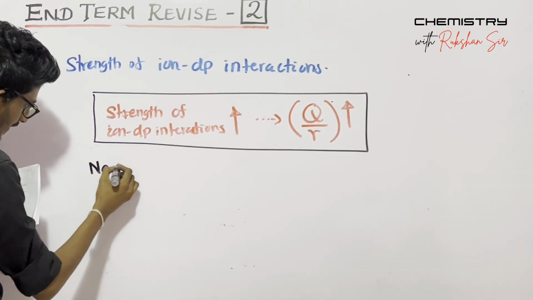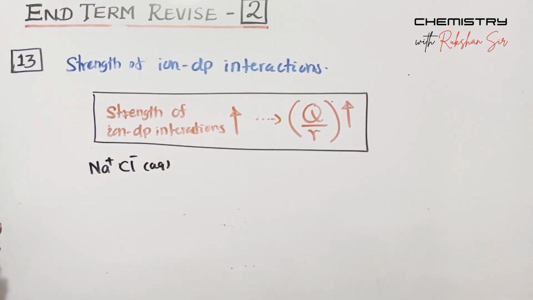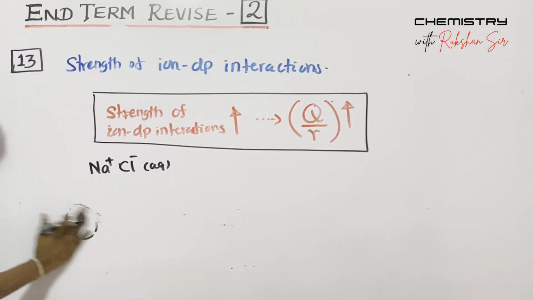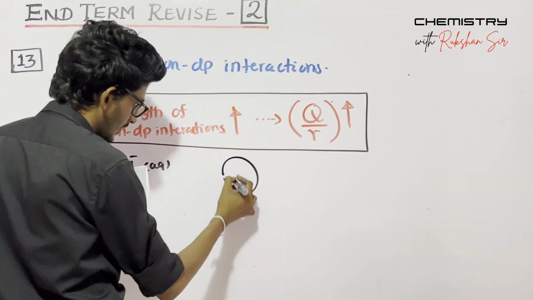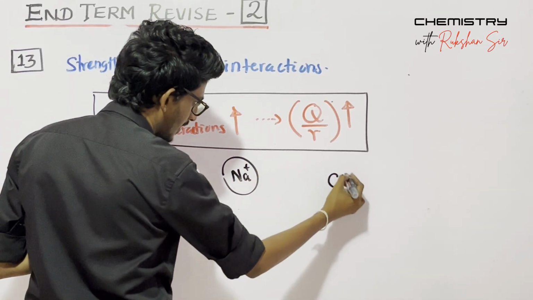If you think of NaCl aqueous, what are the ion dipole interactions appearing there? I'll write it like this. So NaCl. This is your Na plus ion. This is your Cl minus ion.